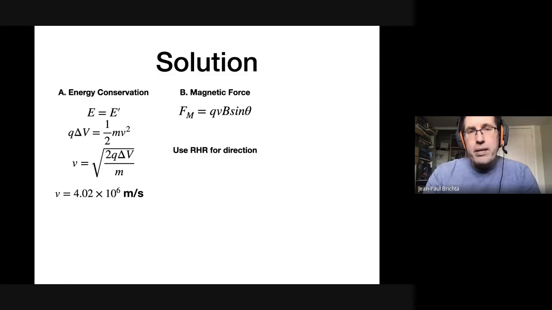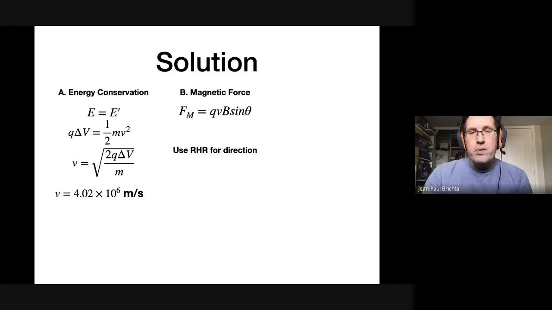The Q is the charge on an electron, which is negative, by the way. The speed we just figured out. B is that 0.20 Tesla, and theta is 90 degrees because the B field and the velocity of the electron are perpendicular to one another.